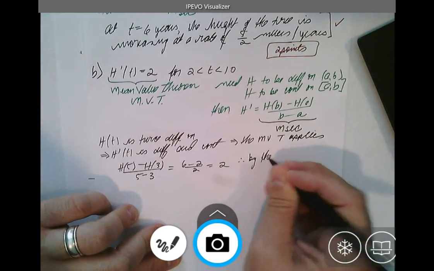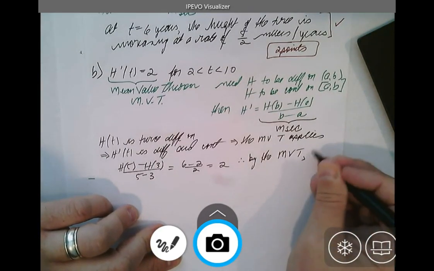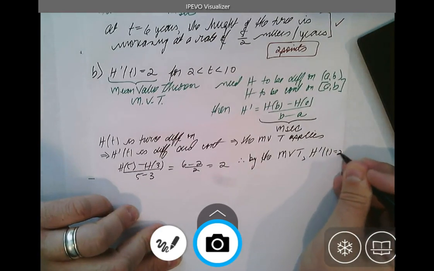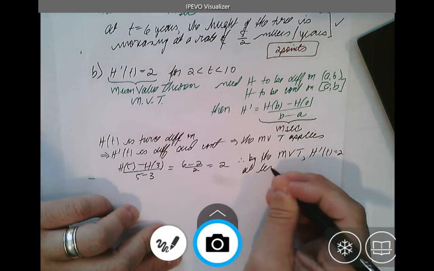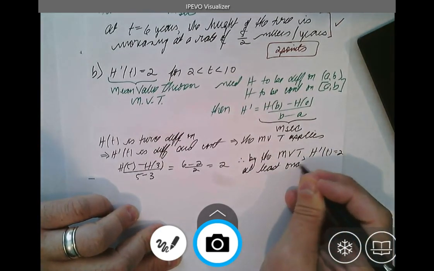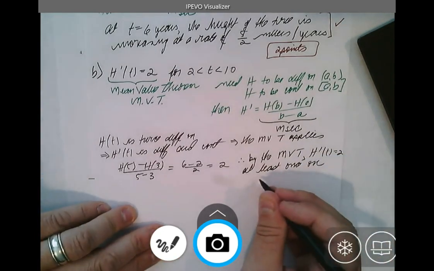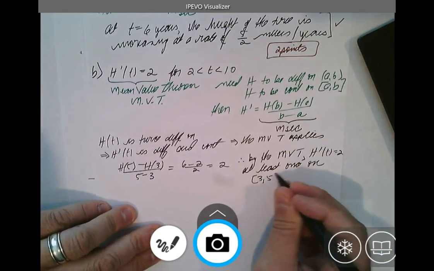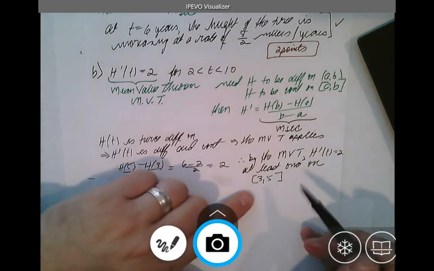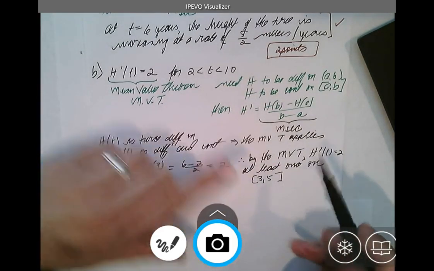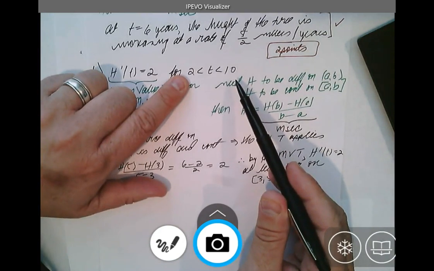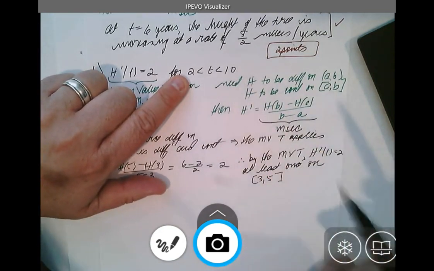Therefore, by the MVT, h prime of t equals 2 at least once on the interval 3, 5. The interval 3, 5 is inside the interval 2, 10, so I've done what you asked me to do.